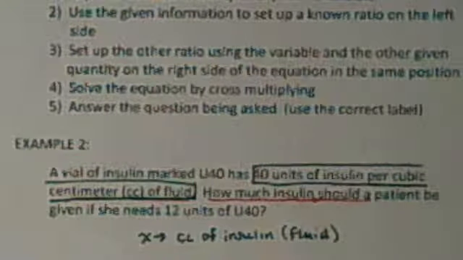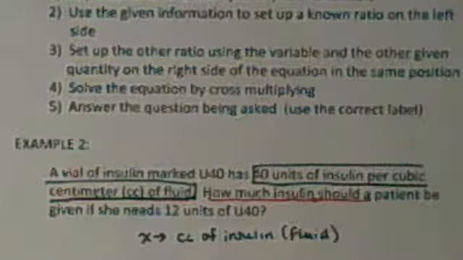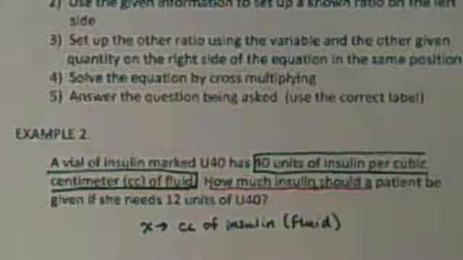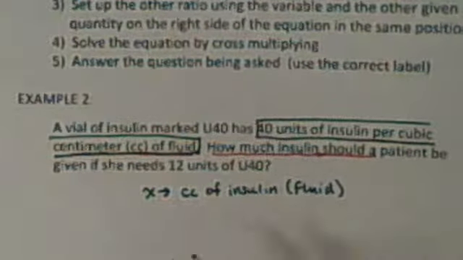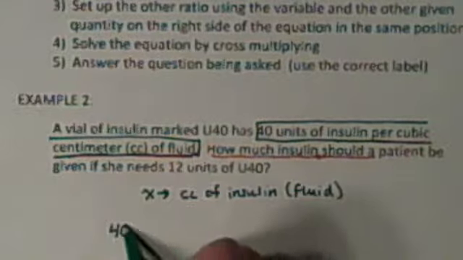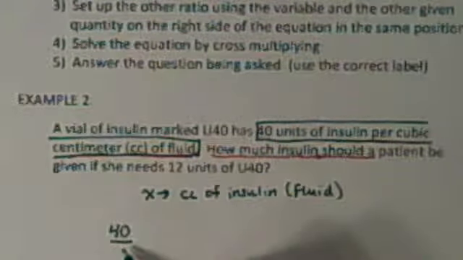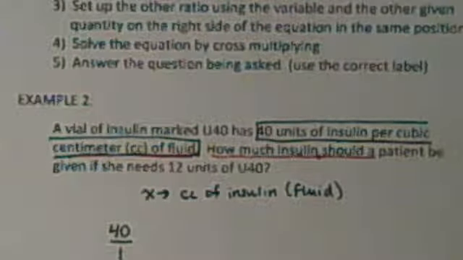This one's a little different than the last one because there seems to be only one number represented in the statement I've just drawn a box around. But if I look at it carefully, I'm actually looking at 40 units per every cubic centimeter of fluid, so for every cc.